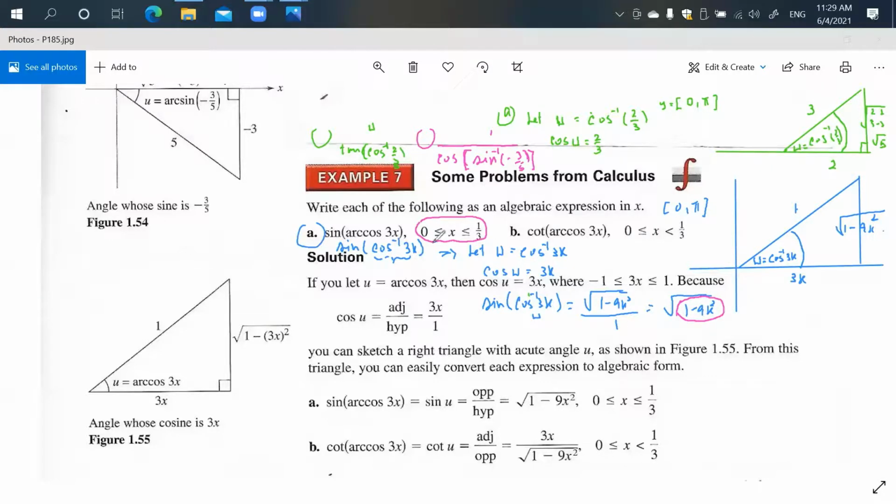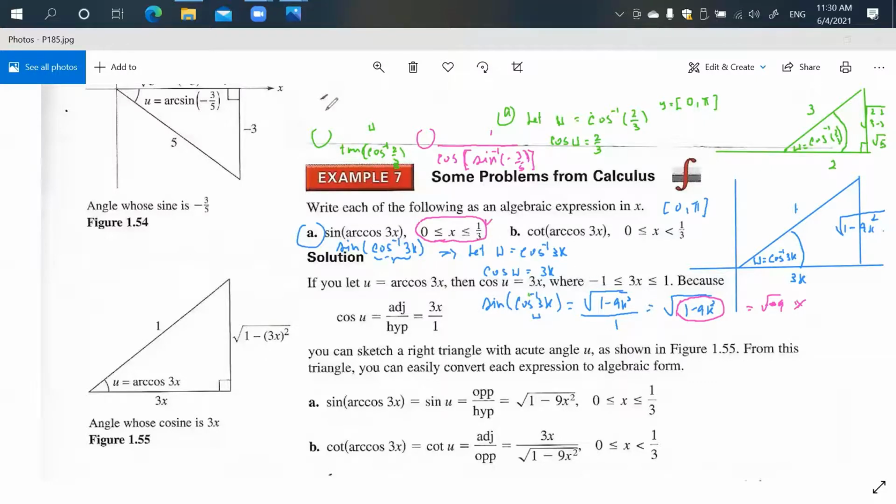So we have to restrict the domain. Then we can get the value of the inverse of this function. Okay, everyone get it? Because if you replace x equal to 1, this becomes 1 minus 9, so equal to -9. Square root becomes square root of -9. This is undefined, correct? So that's the reason why we have to restrict the domain.